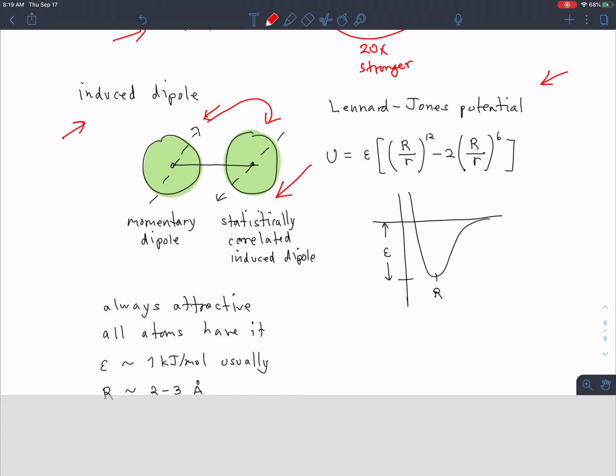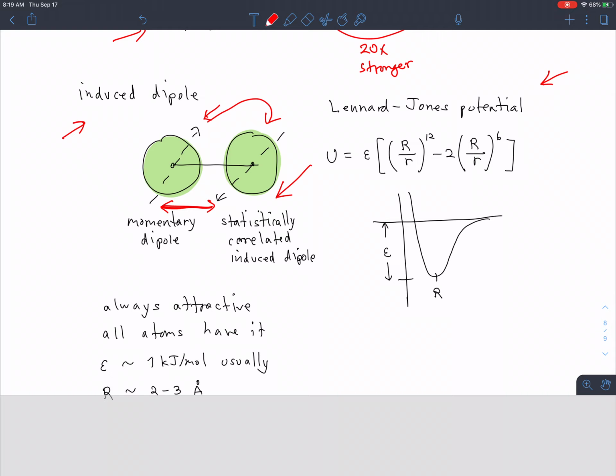And statistically, that tends to be a dipole that's arranged in a way that interacts favorably with the original dipole. And so you get a net interaction between even neutral atoms just due to these fluctuating dipoles. The fluctuating dipoles tend to be statistically correlated in ways that make them attract each other.